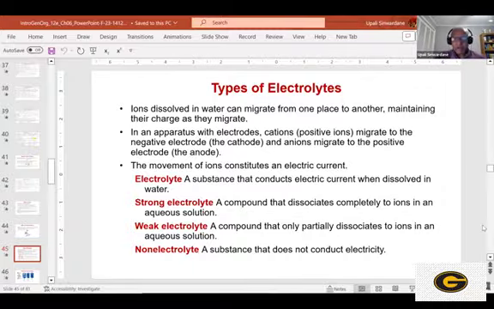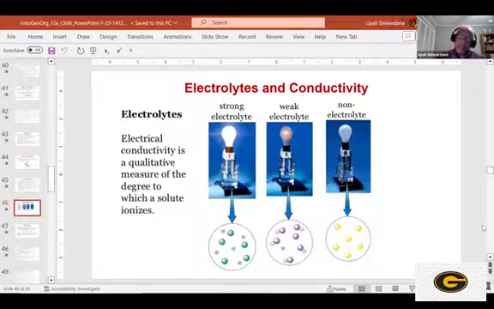Non-electrolytes are the ones that don't have ions, molecular compounds. So you can test the conductivity of a solution and tell whether it's a strong electrolyte, weak electrolyte, or non-electrolyte based on these diagrams.